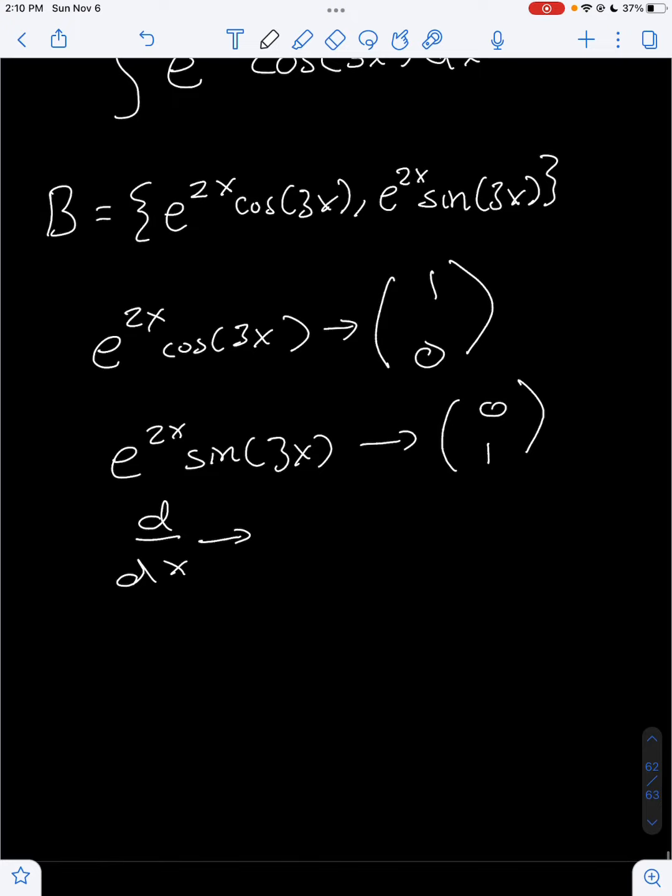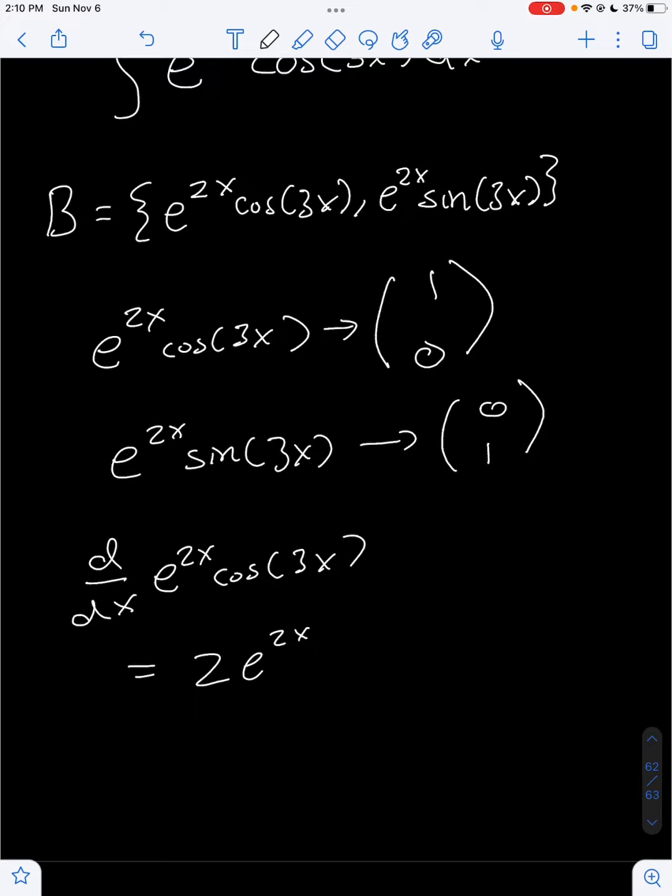Again, to find that, what we have to do is take the derivative of each basis vector. So the derivative of e to the 2x cosine of 3x, we know that that's just going to be 2e to the 2x cosine of 3x minus 3e to the 2x sine of 3x.